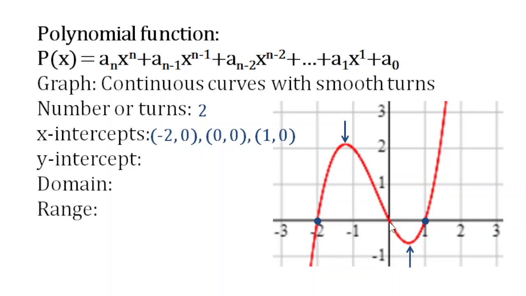The y-intercept is the point on the y-axis where the graph passes through. So in this case, it's still here, 0, 0. And how about the domain? The domain of polynomial functions of degree 3 is the set of real numbers, and the range is also the set of real numbers.